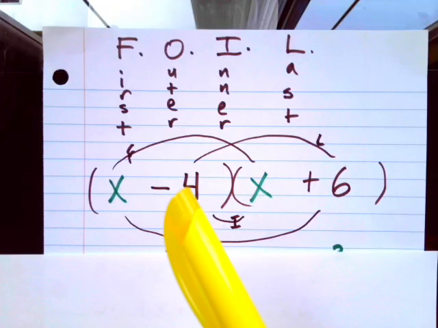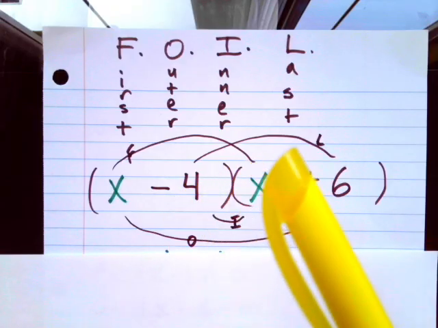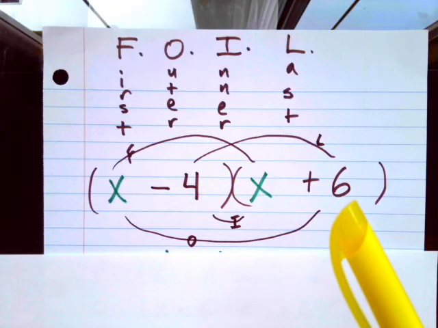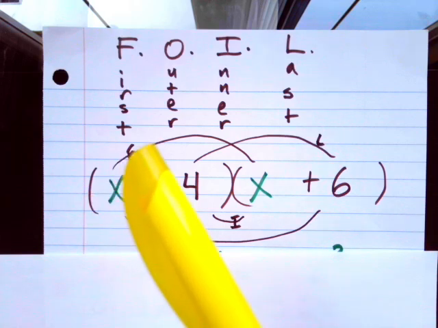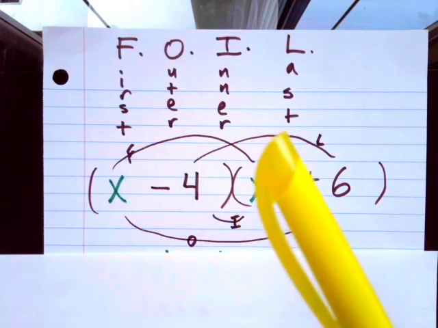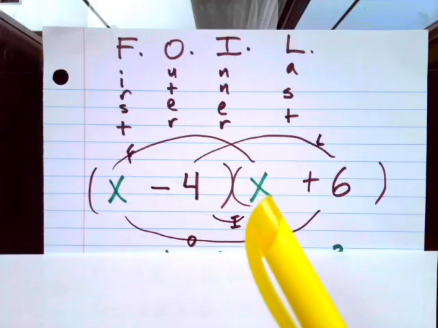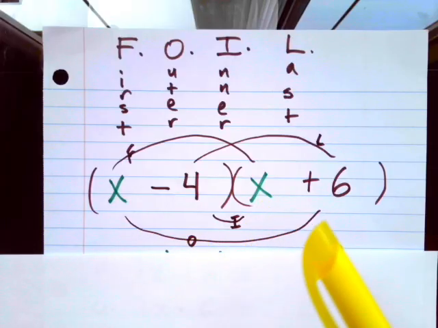And then we have last terms, negative 4 times that positive 6. If you look closely, another way to remember how to do this is you can see a couple of eyebrows, a little nose, and here is the mouth. That image will remind you how to distribute or FOIL these terms.